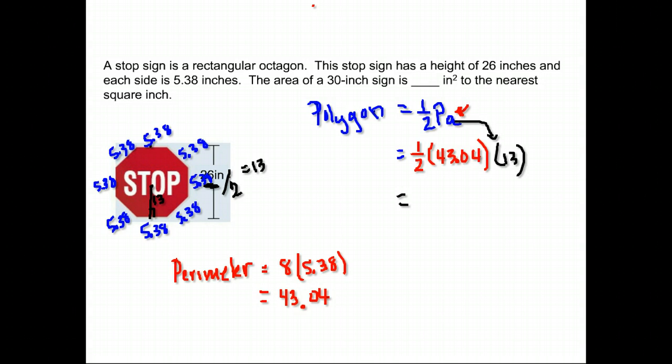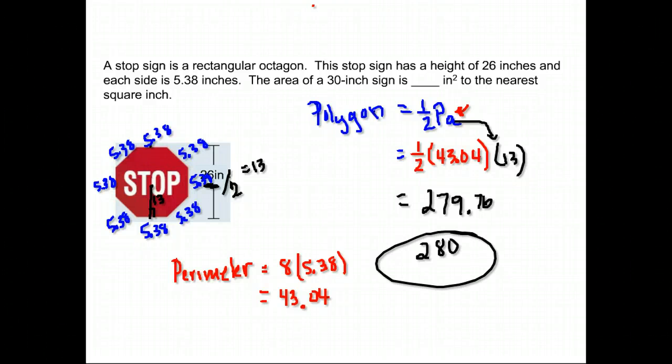So now I have all of the parts I need. I just have to multiply it out. So I'm going to take 43.04 times 13 and divide it by 2. Okay? And it wanted it to the nearest square inch, so then I'll round that 279.76 to 280.